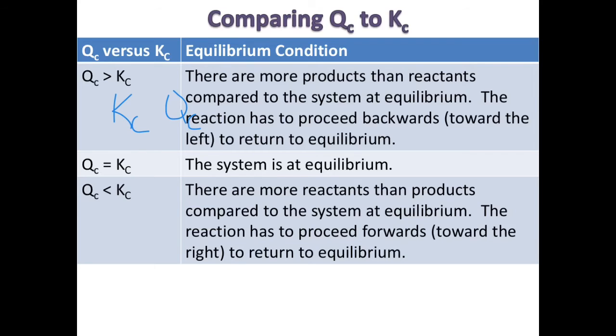Then in this case, the Kc would be less than the Qc, indicating there are more products than the reactants, and the reaction will proceed backwards, as in a less than sign. And at the bottom, we would have the Kc is greater than the Qc, and the reaction would go forward, as in a greater than sign pointing to the right.